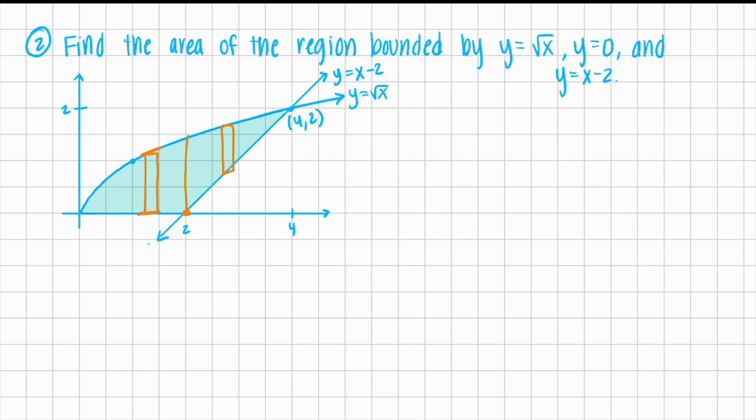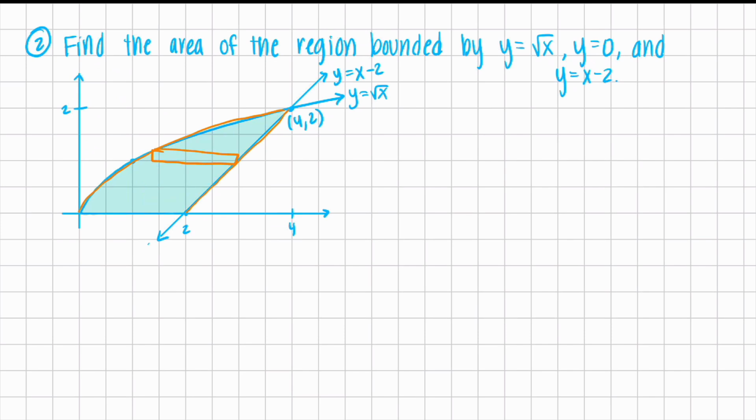Again, we could do that, but notice that it's easier if we do horizontal rectangles. The reason is because our right equation is always going to be the line x minus 2, and our left equation is always going to be the square root of x. So we're only going to need one integral.